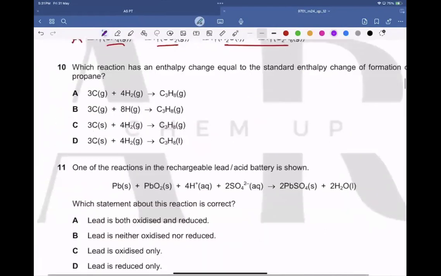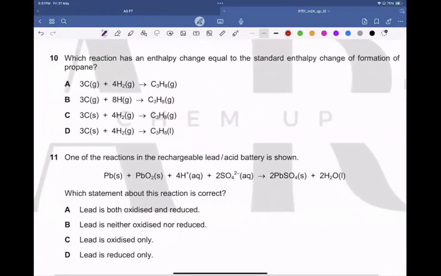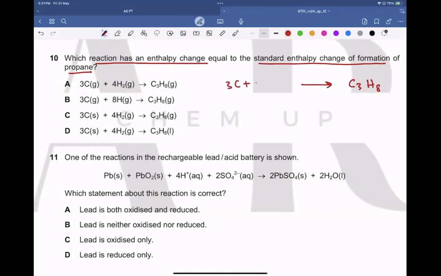Now, question number 10. Which reaction has an enthalpy change equal to the standard enthalpy change of formation of propane? Okay, so let's make the equation for the propane. Propane is C3H8. So we need 3 moles of carbon, and carbon is a solid, and 4 moles of hydrogen gas.